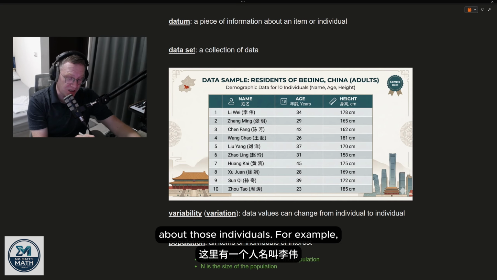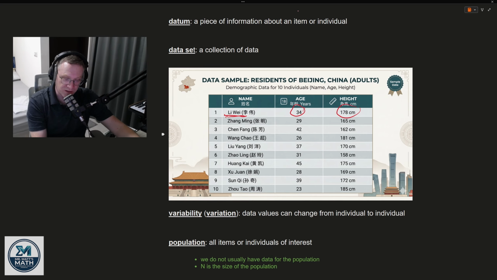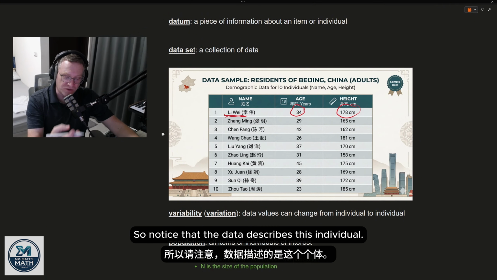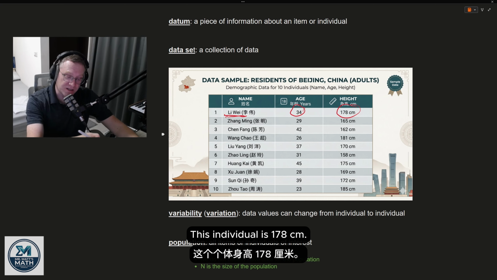For example, here we have someone named Li Wei, and we can see that this person is 34 years old and 178 centimeters tall. Notice that the data describes this individual. This individual is 34 years old. This individual is 178 centimeters.